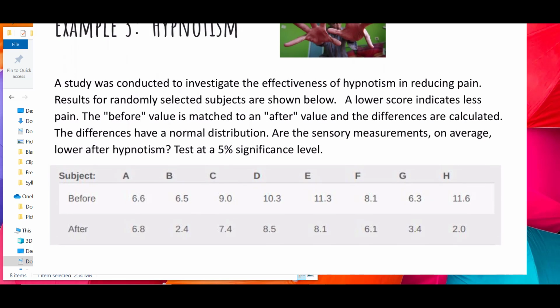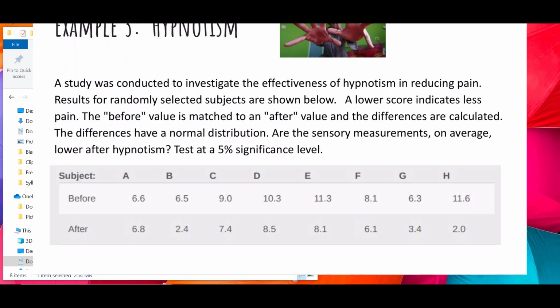All right, hypnotism. So again, pause the video if you need to type in the data. If you've already imported the data set from where I shared it with a group, then don't worry about it. Okay, example 3. A study was conducted to investigate the effectiveness of hypnotism in reducing pain.